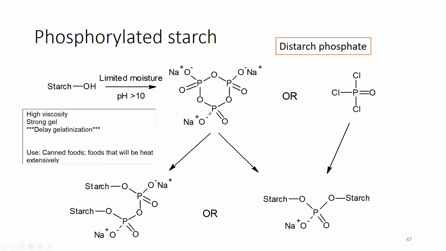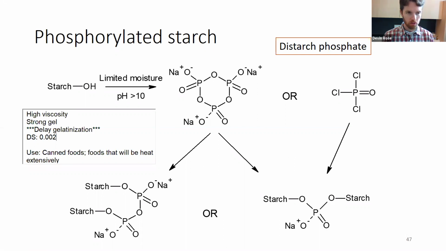So when I say delay gelatinization, typically starches are going to start to gelatinize somewhere around 60 degrees Celsius. So if we have a degree of substitution of 0.002, that means that 0.2% of the glucose units in the starch have a phosphate group attached to them.